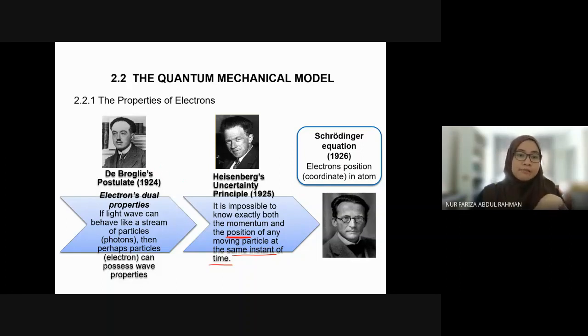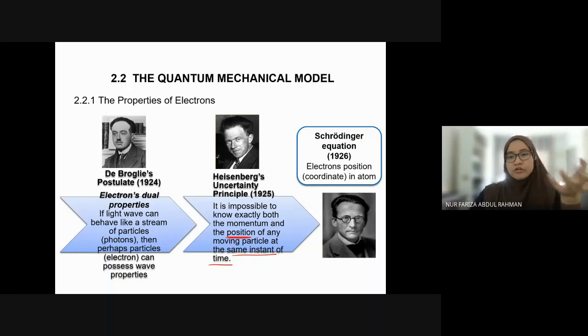De Broglie mentioned the dual properties of electron. Heisenberg mentioned that if the particle is always moving, it's difficult to determine the location and momentum of the particle.